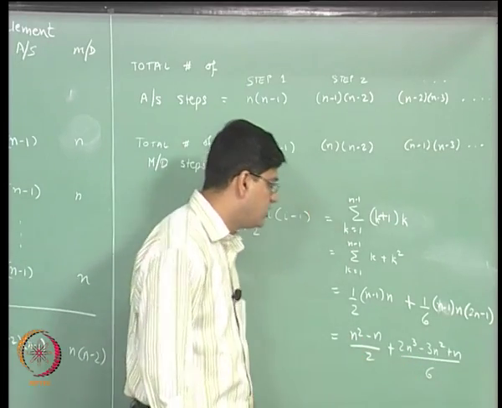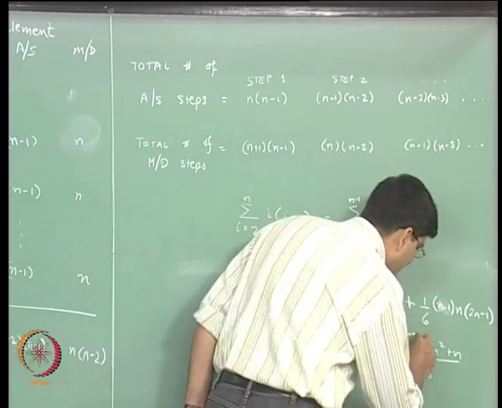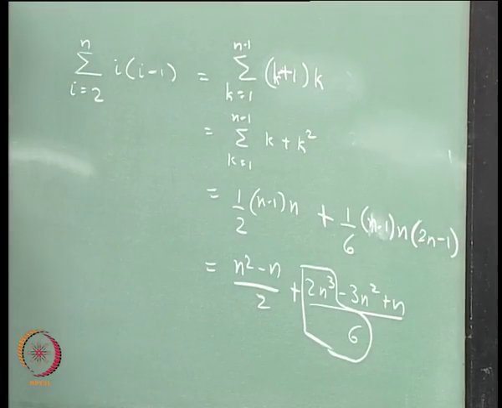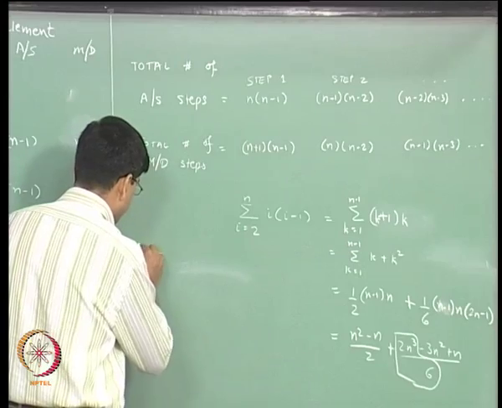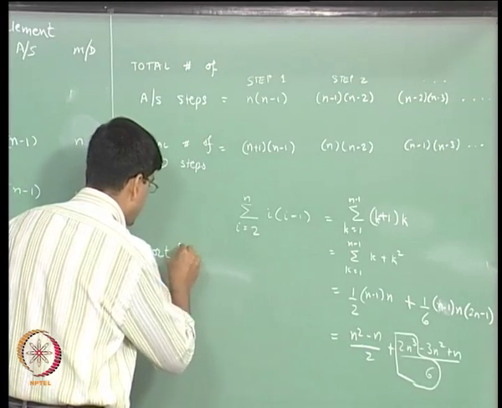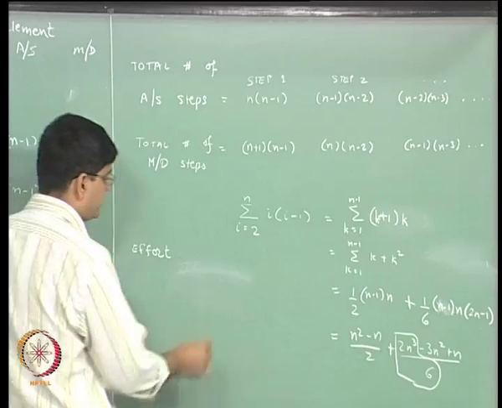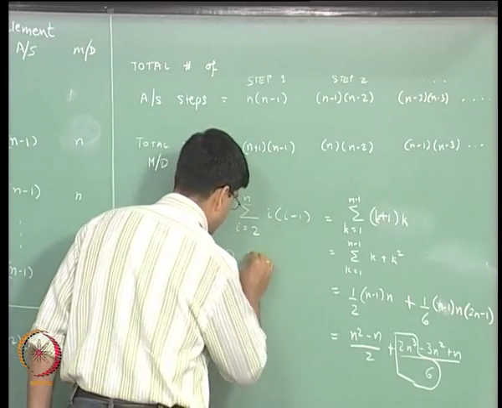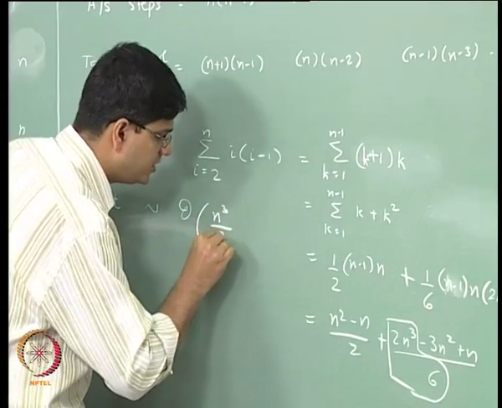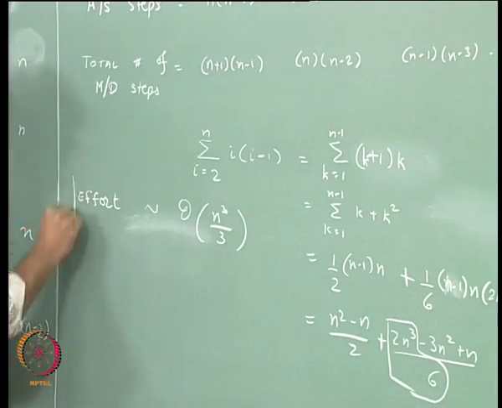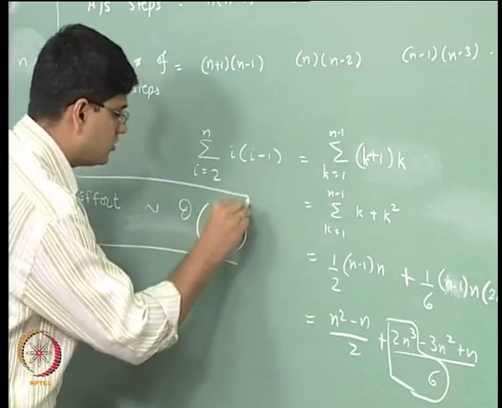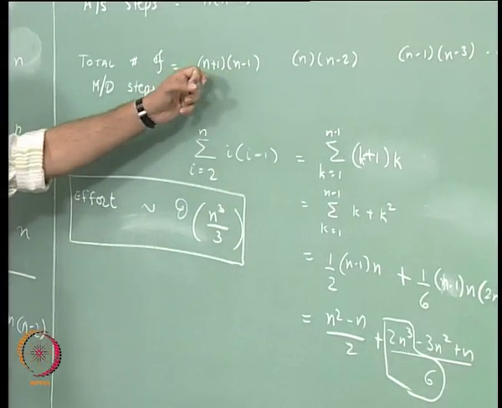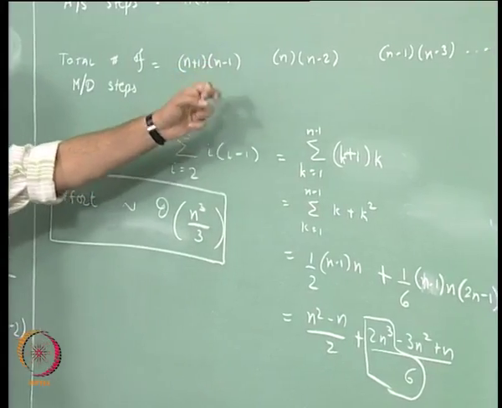As a result, the total amount of effort required is actually governed by this particular term. So, the effort in terms of the total number of addition subtraction steps is of the order of n cube divided by 3 in case of Gauss elimination method.